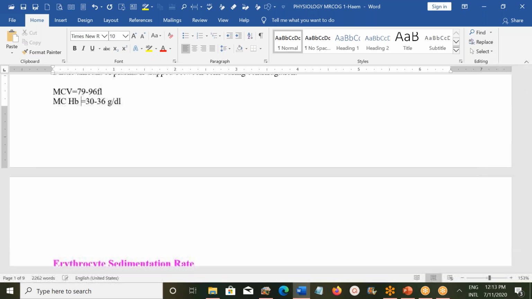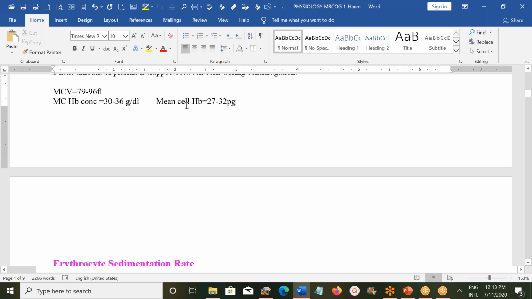You must have seen that they will give you a patient and ask what is the defect in that person. So just remember, the mean cell hemoglobin concentration is this much. And if they ask you about the mean cell hemoglobin, what is that level? Mean cell hemoglobin is between 27 to 32 picograms. That is the amount of hemoglobin that is contained inside the cells.